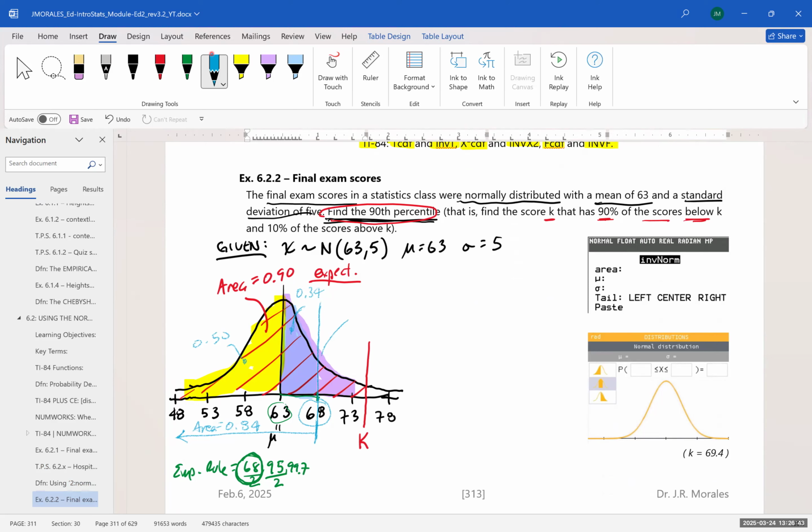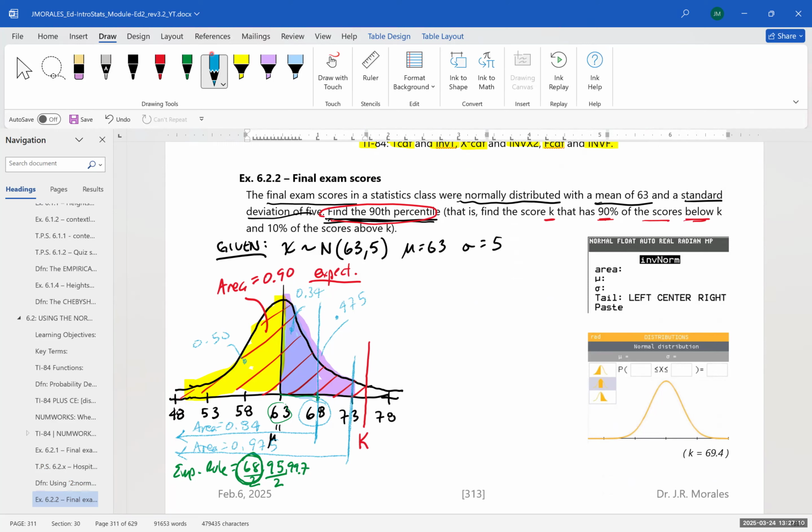So this purple area is 0.475, which means at this point, the area is going to be 0.5 plus 0.475, which is 0.975.